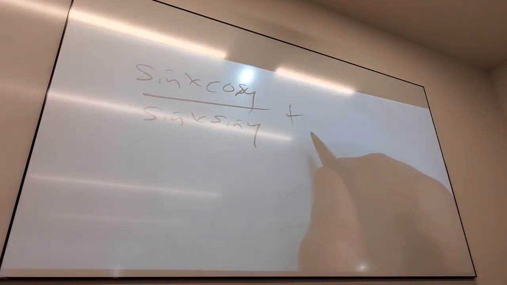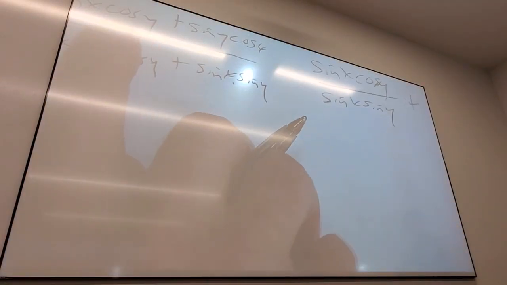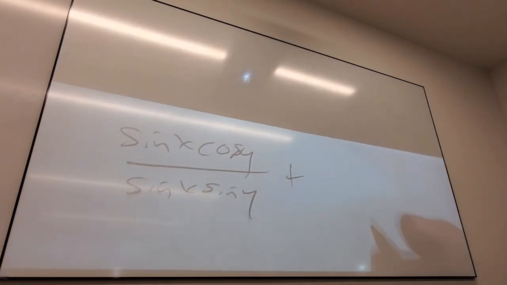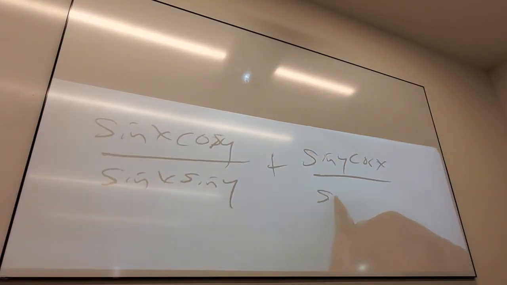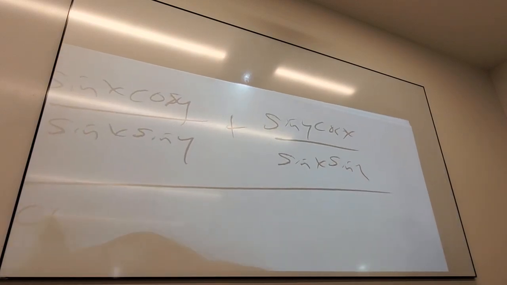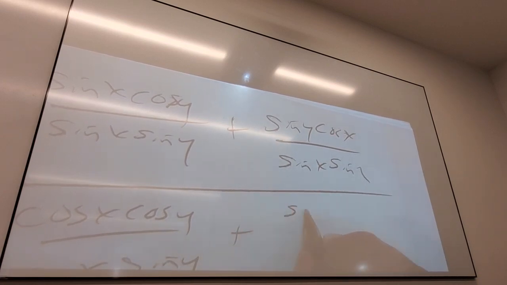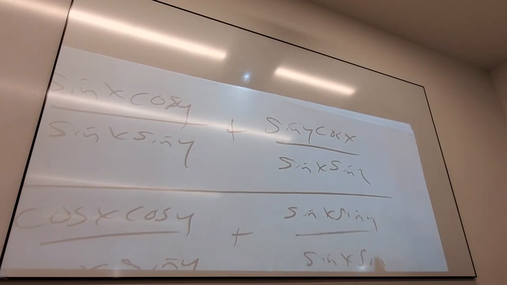Okay. Sine x, cosine y, divided by sine x, sine y. Sine y, cosine x, divided by sine x, sine y. Over cosine x, cosine y, divided by sine x, sine y, plus sine x, sine y, divided by sine x, sine y.